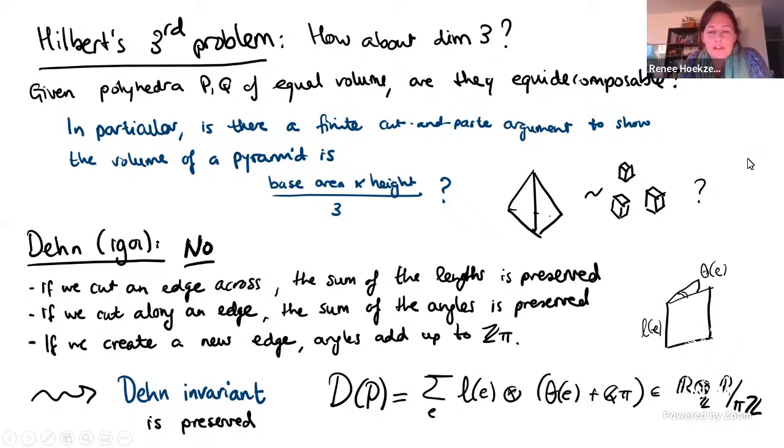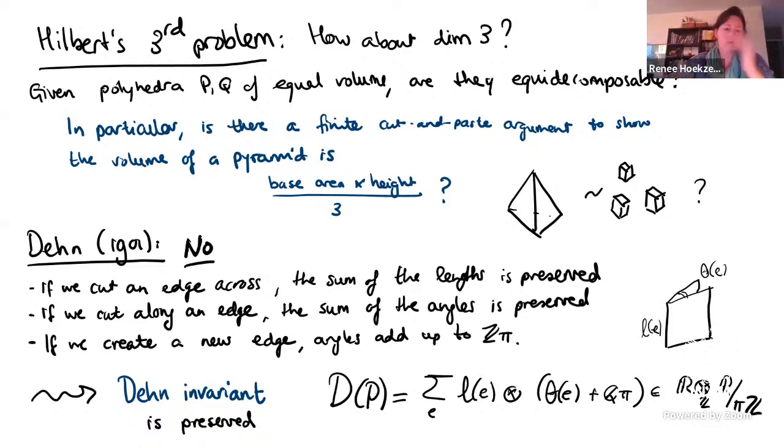He said that there are certain things that are conserved if we are cutting polytopes. If we cut across an edge, then the sum of the length of what that edge was before is preserved. If we cut along an edge, then the sum of the angles is preserved.